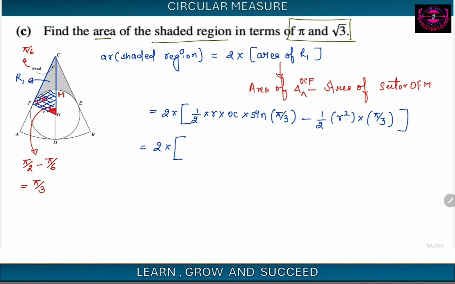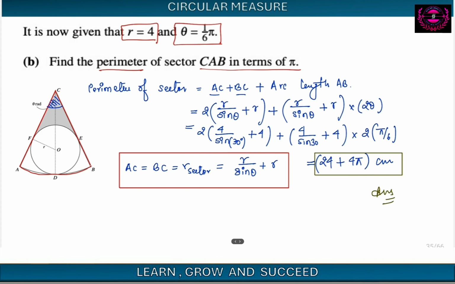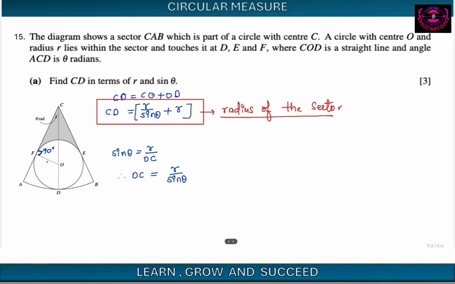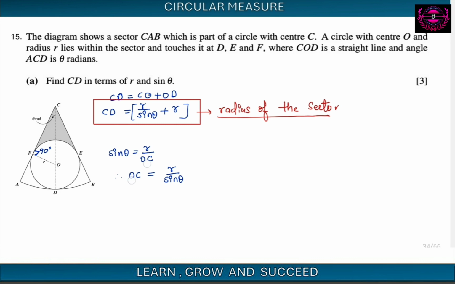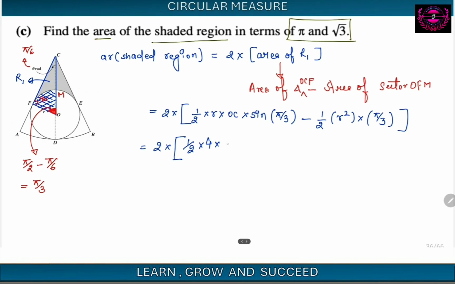2 into half, radius is 4. OC, we already calculated OC to be r upon sin theta, which is 4 upon sin theta.